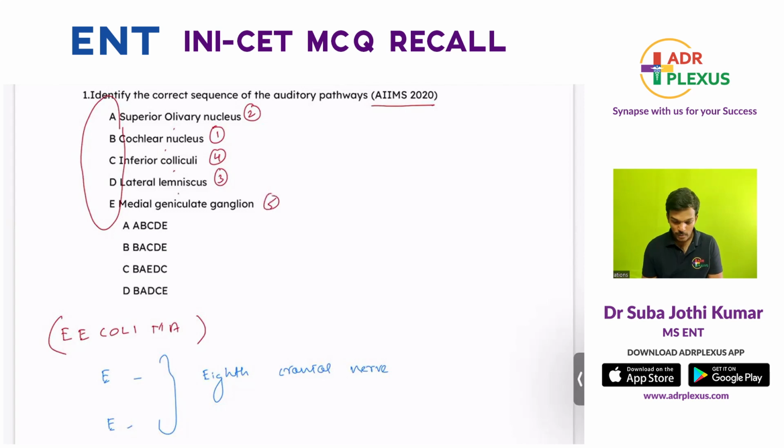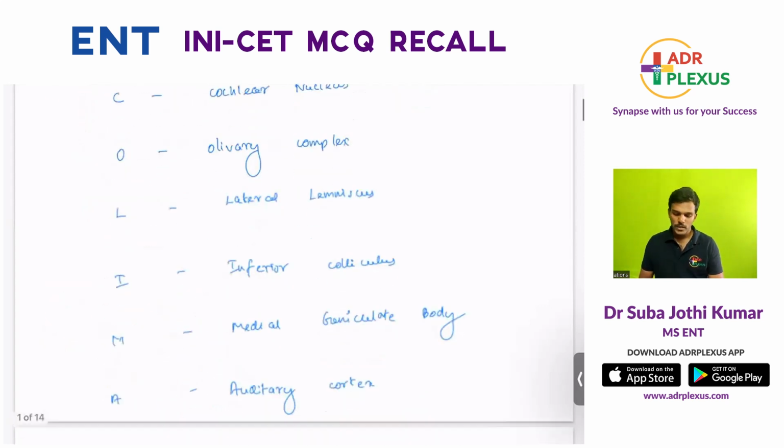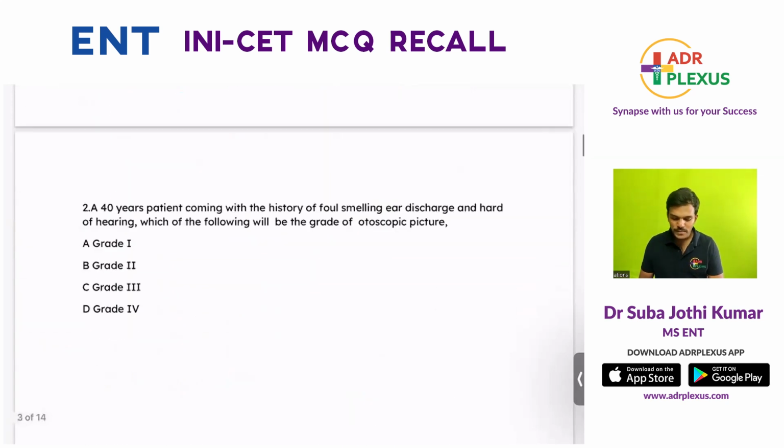So it could be B, A, D, C, E. The question which was asked in this exam cannot be the exact question, but I'm revising for you the previously asked question in AIIMS 2020. This is the actual content that has been asked in the INI-CET 2022 exam. Okay. So now we can proceed to the next question.